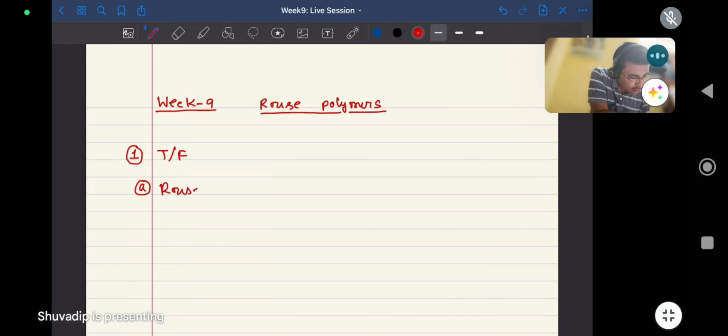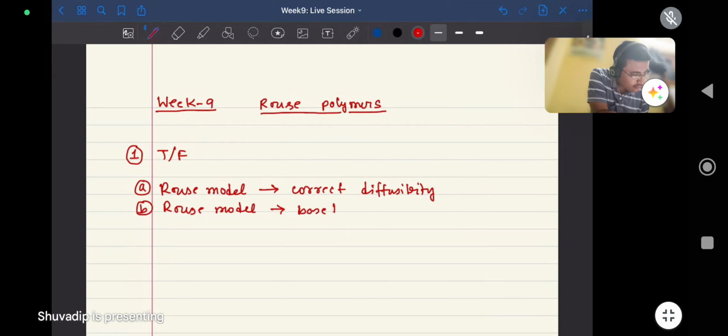A: Rouse model gives correct diffusivity. B: Rouse model is based on the bead spring model.